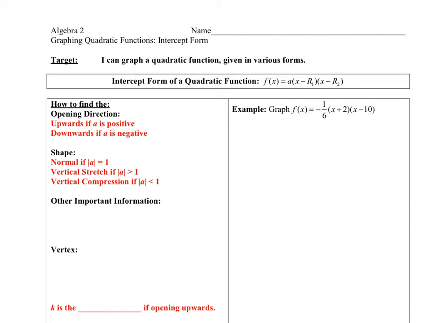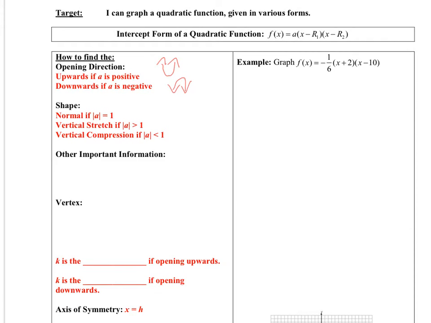So a positive a value will cause the quadratic function to open upward, and a negative a value will cause the quadratic function to open downward. A value with the absolute value greater than 1 will result in a vertical stretch, and an absolute value of a that is less than 1 will still result in a vertical compression.